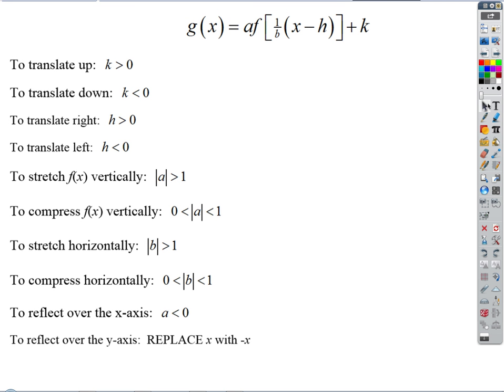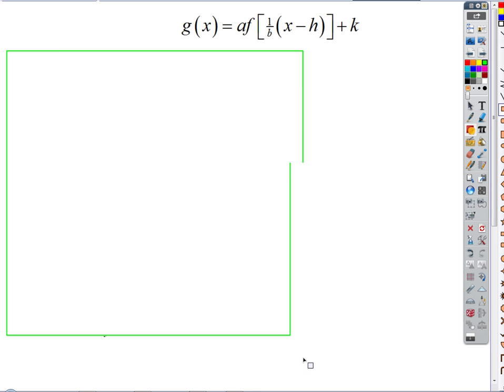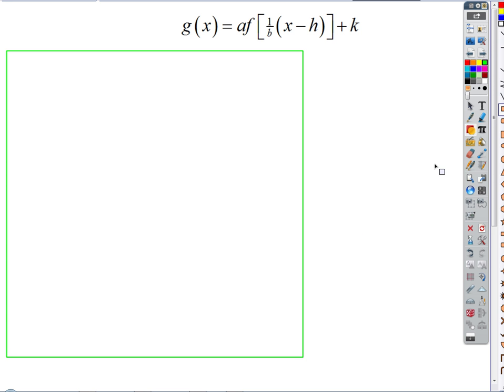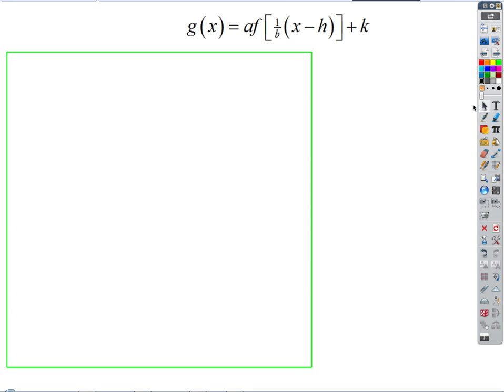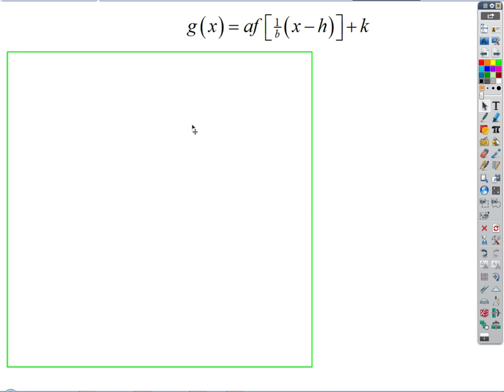All right, so if we want to rewrite the parent function f of x and transform it, there's a bunch of stuff we can do.